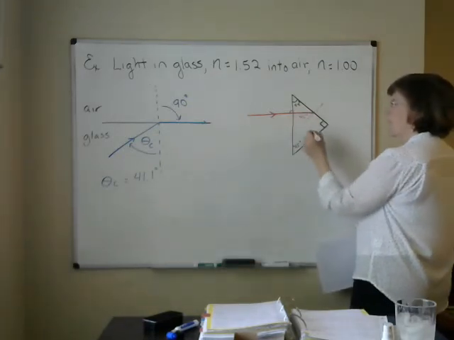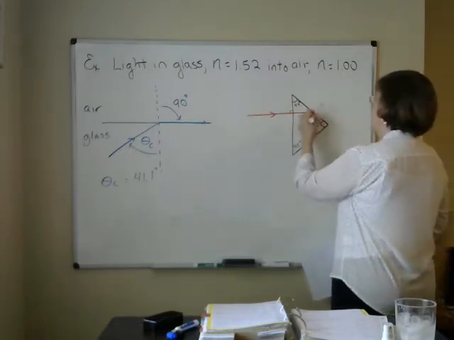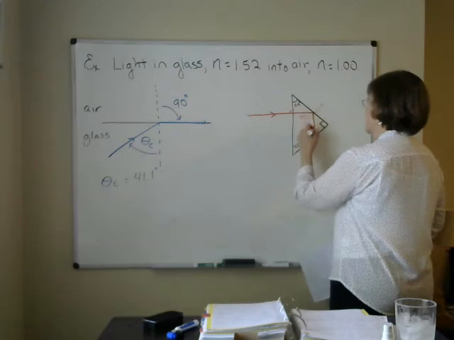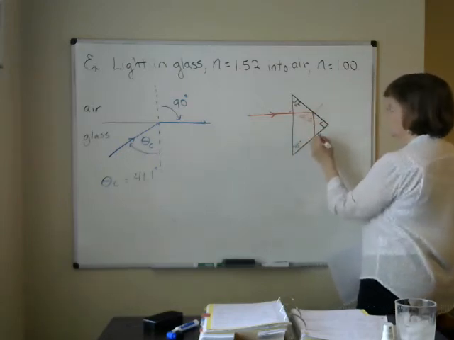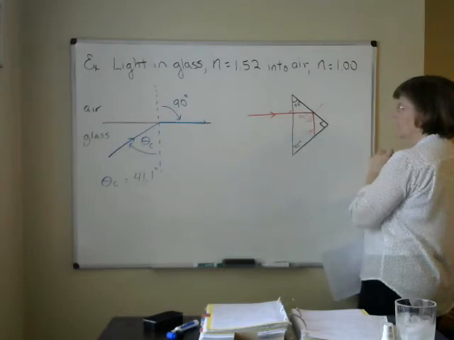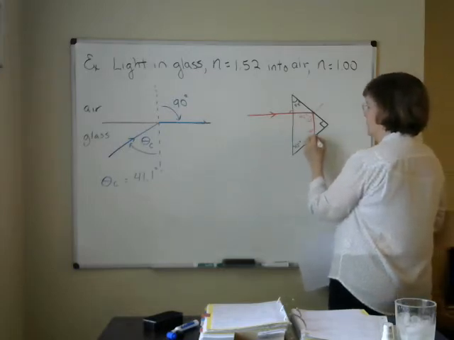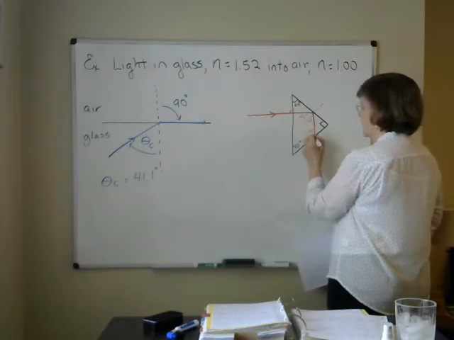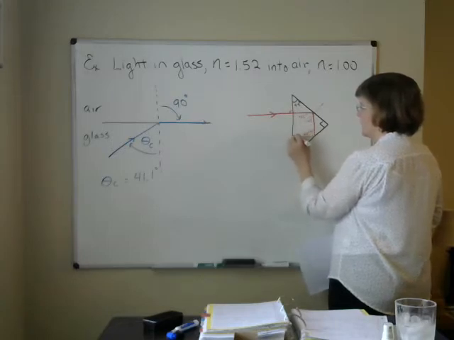That means all the light will be reflected, and it will be reflected at 45 degrees. When it hits here, well, that's also 45 degrees from the normal. So again, we get 100% of reflection or total internal reflection. It will also reflect at 45 degrees, but when it hits this, it will be perpendicular.